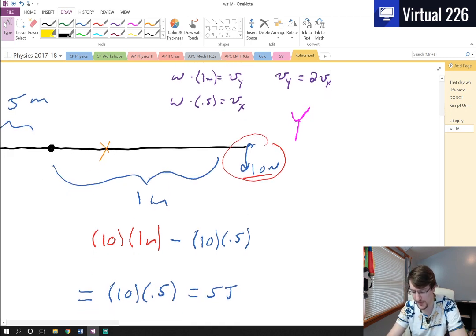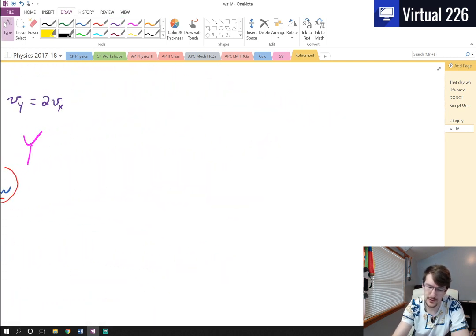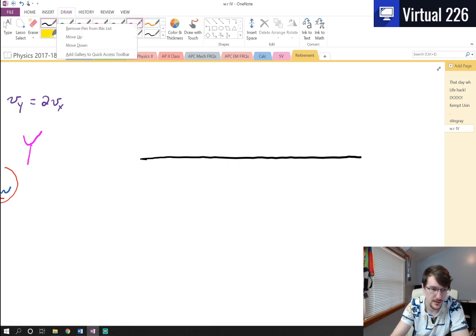So if I have a rod here, right? They both do have the same weight. Yeah.